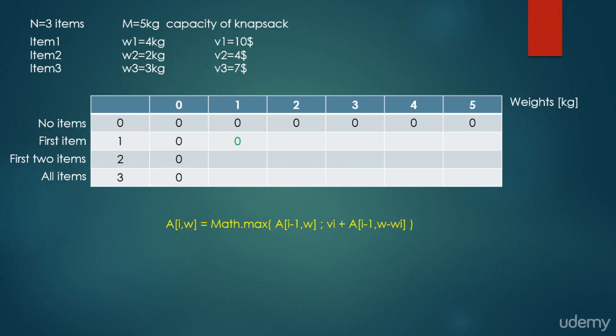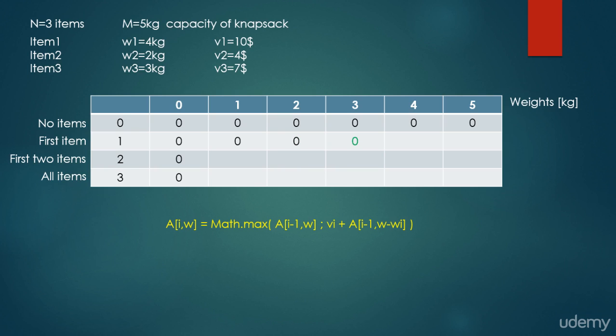If we jump to the third row with index 2, it represents that the capacity of the knapsack is 2 kilograms, and 4 is greater than 2, so it is 0. 3 kilograms is less than 4, so it's 0.